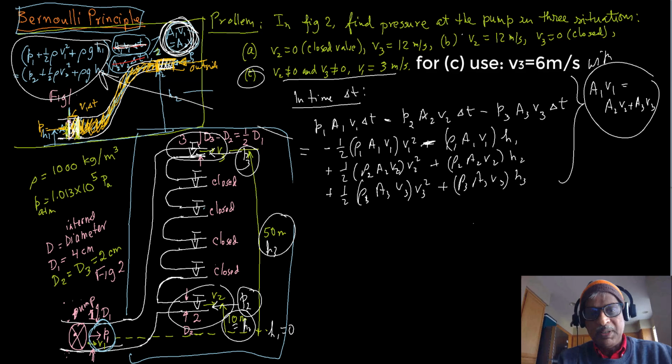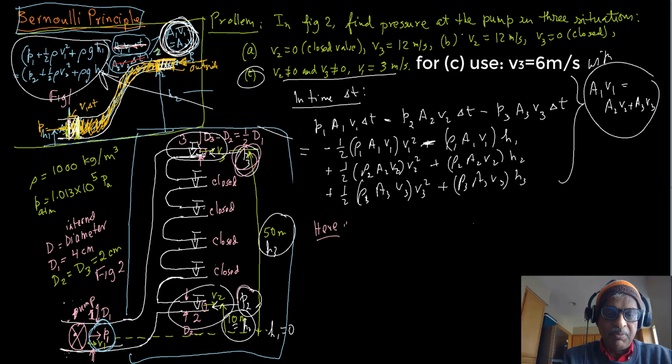So in our case here, this area is the same as this area, and this pressure is the same as this pressure. So here we have P2 equals P3, which is P atmosphere.